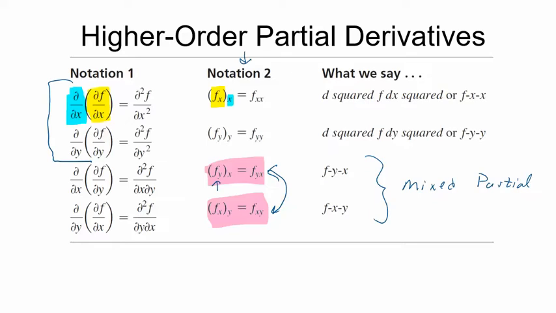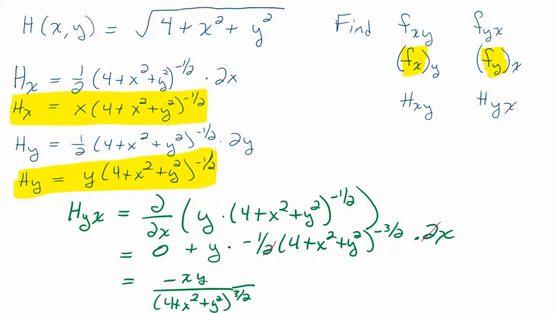So that pretty much wraps up the important parts of 15.3. I think the only other thing I might want to do with you is one example that has more variables than just x and y.